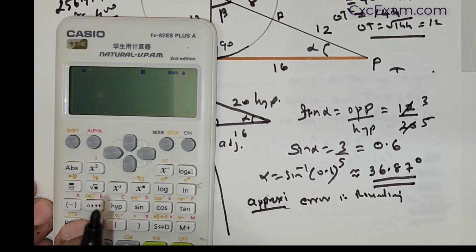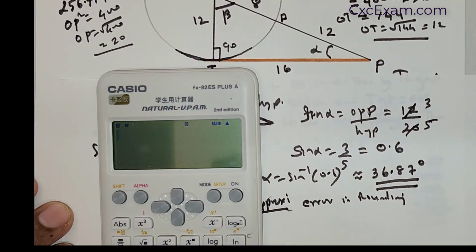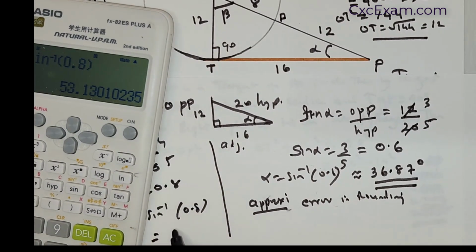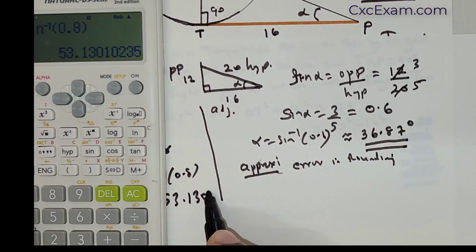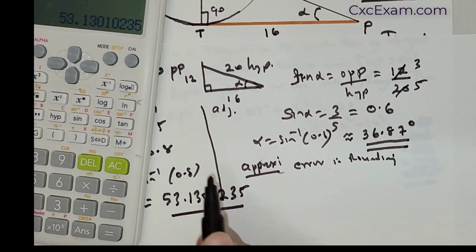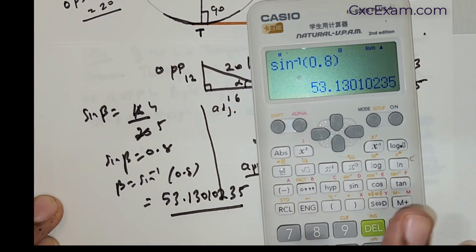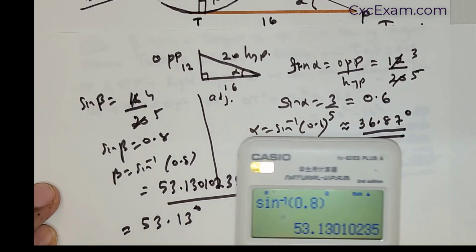So let me check that out. Sine inverse of 0.8 is, you see that I am getting 53.130125. So I am going to approximate it to 53.13 degrees.